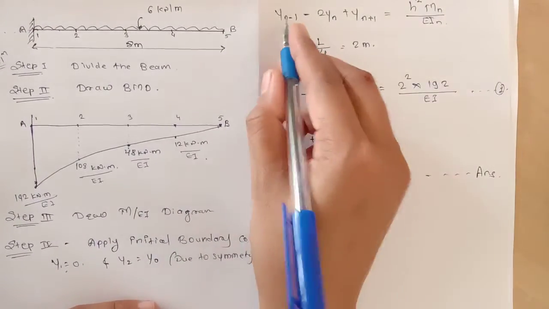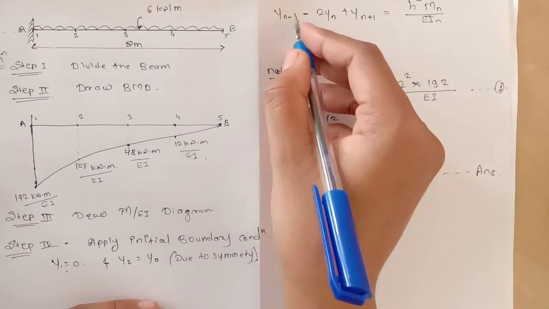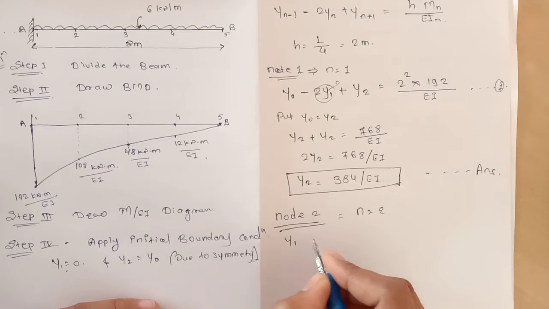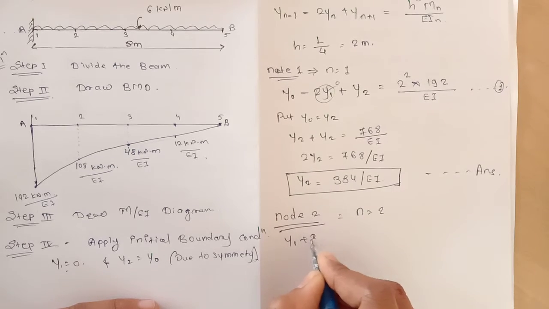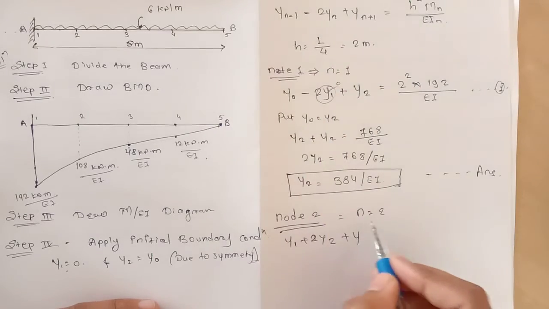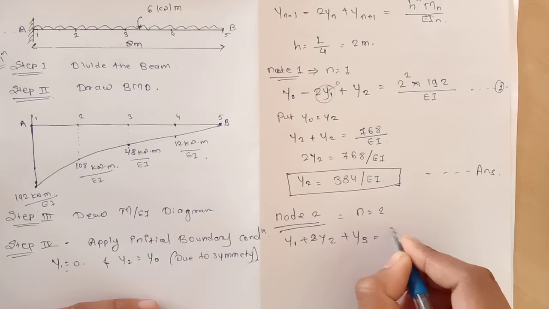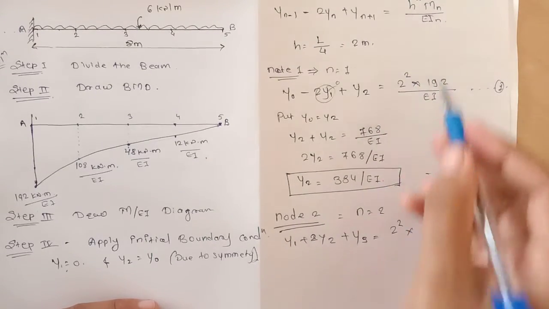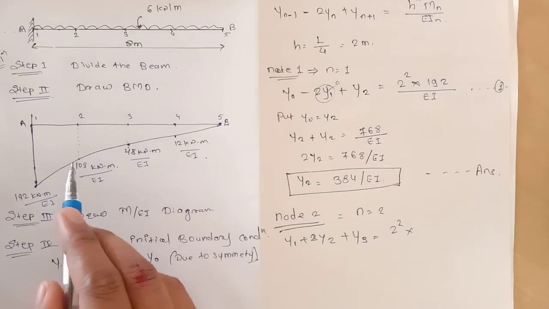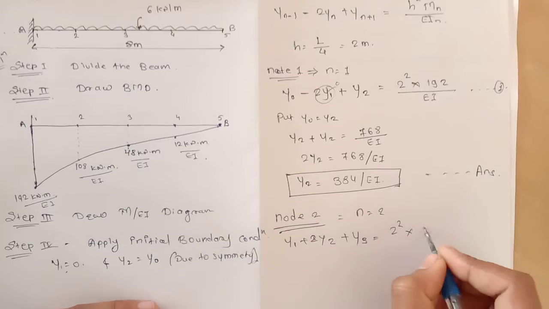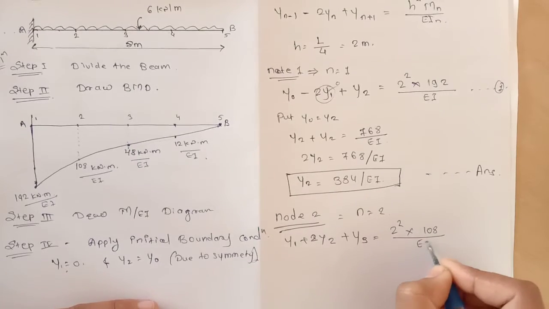So our equation is y(n-1), that means 2 minus 1, which is y1, plus 2y2 plus y(n+1), that is 2 plus 1, which is 3, is equal to h squared into M at n, that means the second moment at the second nodal point, that is 108 divided by EI.